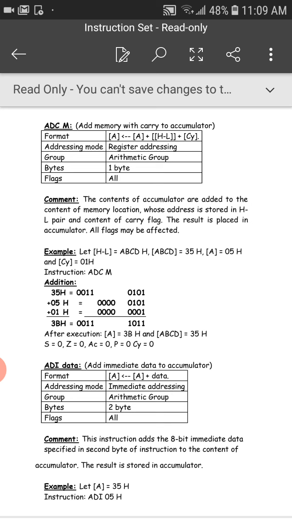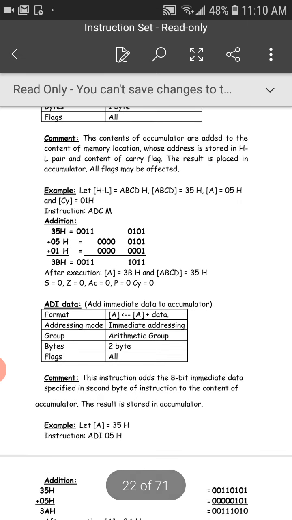So the format of this is, see here, we have to add A plus HL plus CY, that is carry, and the result is stored in A. You can understand all the instructions easily in a format, so you can easily understand what happens here.